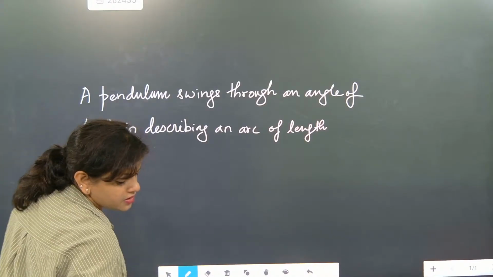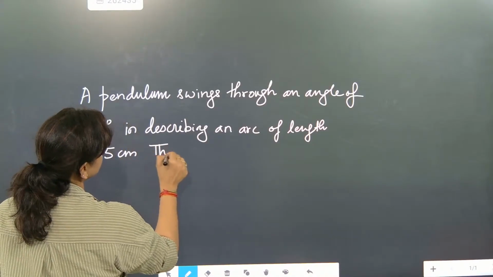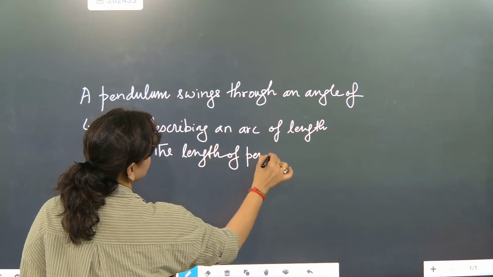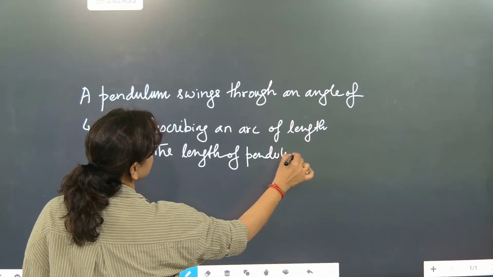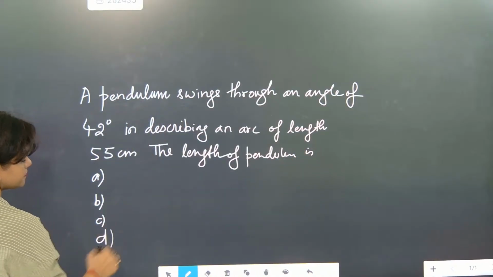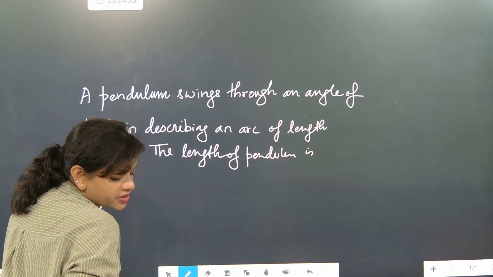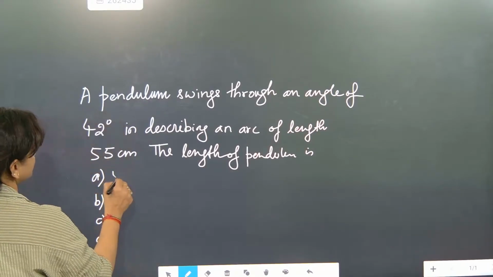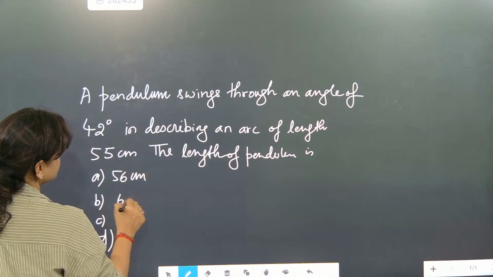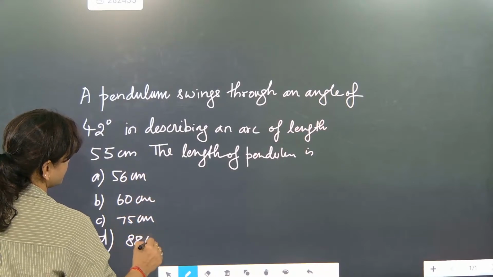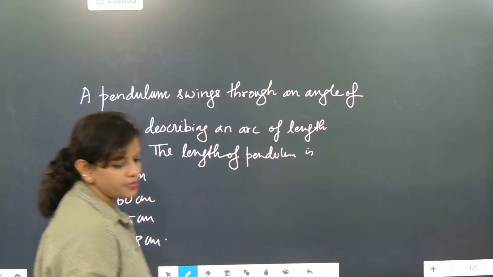The length of the pendulum is, easy question. Your options are: the length of the pendulum they are asking, beta. So what can be the length of the pendulum? 56, 60, 75, 88. Come on, go for it, please.